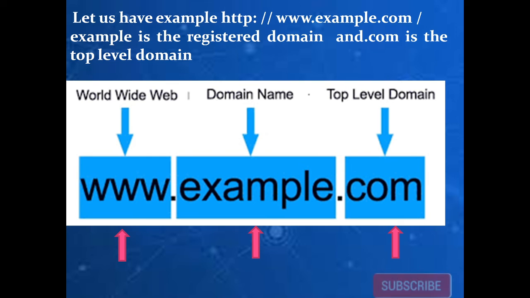Let me tell you once again, beta, this www is our host name, this example is our domain name, and .com is a top level domain. In place of .com, we may have .in, .net, .nic.in. Other things are also there.